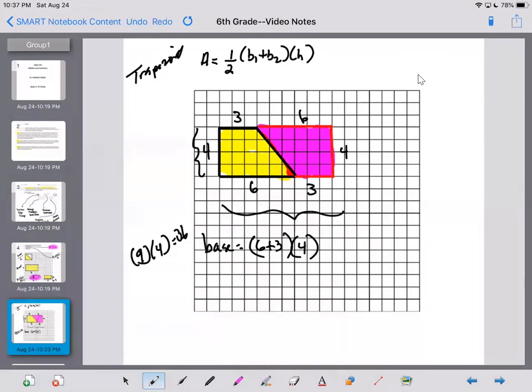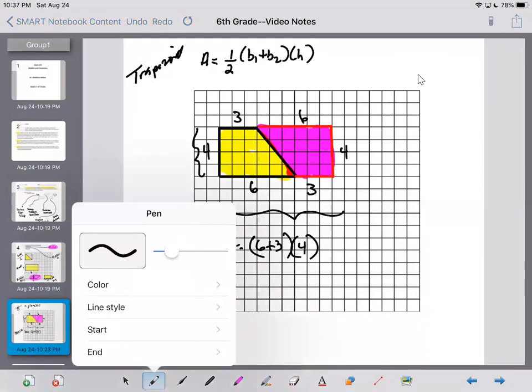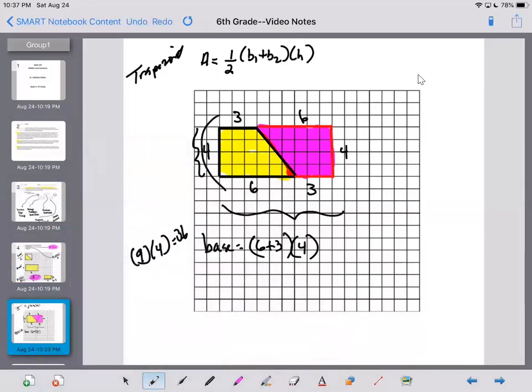And I don't want the entire figure, remember? I only want this one. So what does that mean that we would do? We would take half of it. Hence, here's where your formula comes: 1/2 base 1 plus base 2 times the height.